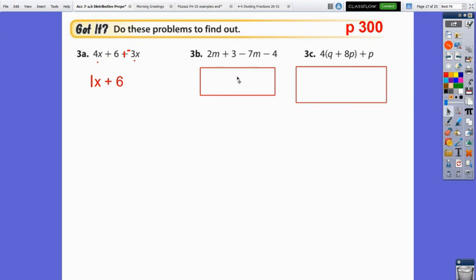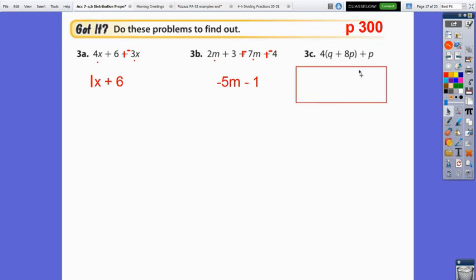That's going to look like -5m minus 1. Again, 2m and plus -7m gives you -5m's, and 3 plus -4 is -1. Last one, distributive, no negatives here, so that's good.